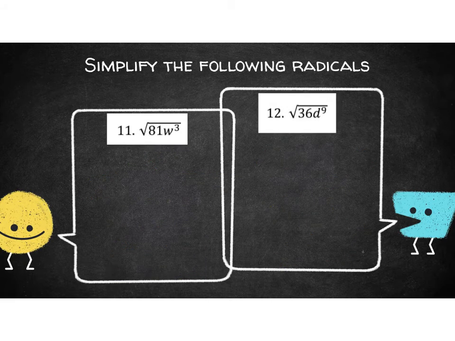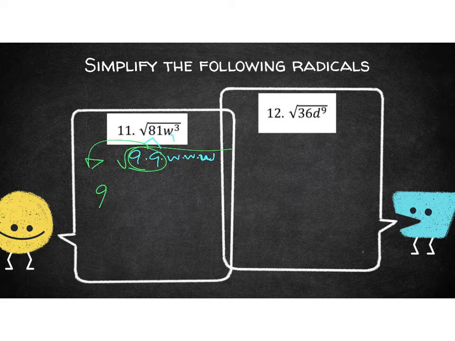Number 11, 81 times w to the 3rd. So 81 is nice because it itself is a perfect square. I've got a 9 times a 9, and then this is w, w, w. Now, I didn't go all the way down to the 3 and the 3 and the 3 and the 3 because I recognize that a 9 times 9 is a pair. So if this were my radical, I'd bring that 9 out front.